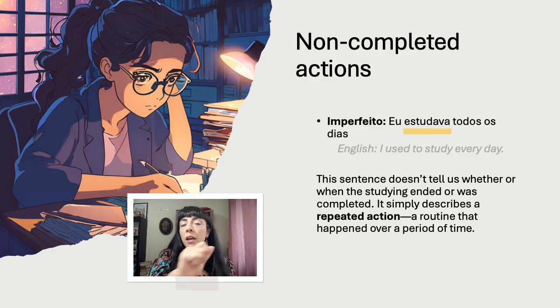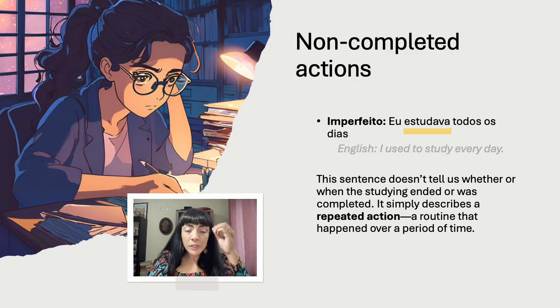So, as I have written over there, this sentence does not tell us whether or when the study ended or was completed. It just simply describes a repeated action, therefore, a routine that happened over a period of time. Okay?